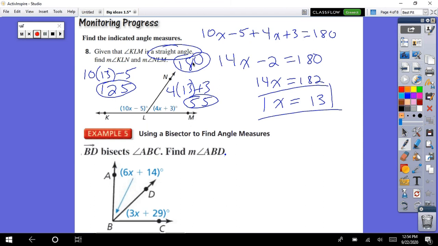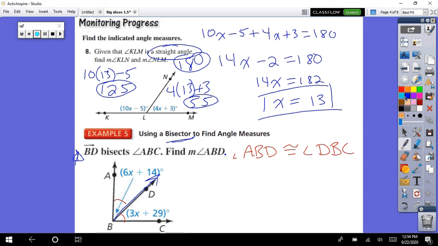All right. Now, bisector. We talked about bisectors for segments. You can also bisect angles. So in this case, they tell us that ray BD is bisecting the big angle ABC. So therefore, we know that this little angle, ABD, would have to be congruent to angle DBC.